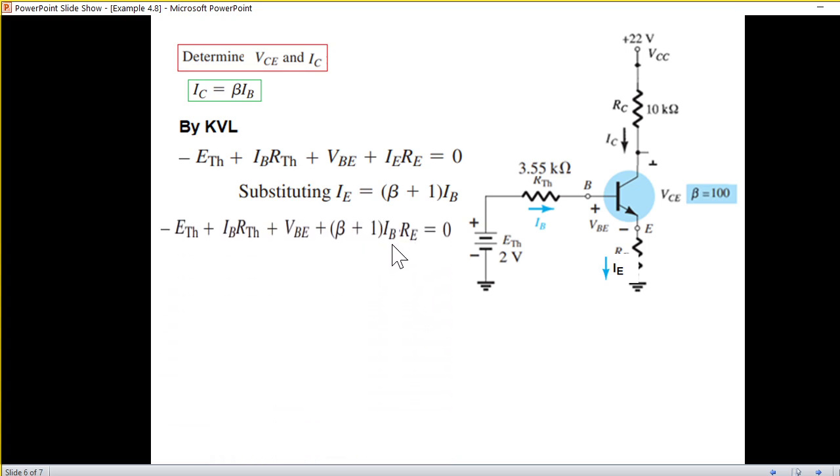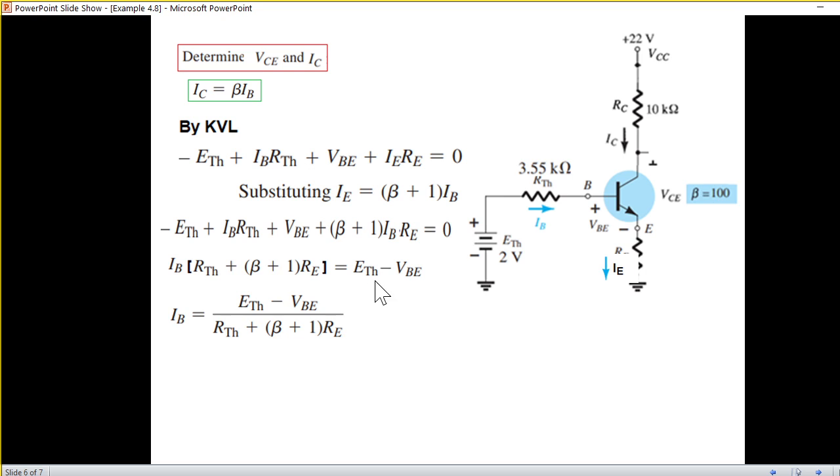So we get beta plus 1 IB RE, and then we'll just rearrange the voltages on the right hand side and the rest on the left hand side, taking IB common. And now for IB, we can write this equation: this divided by this whole thing. And now we'll plug in the values.